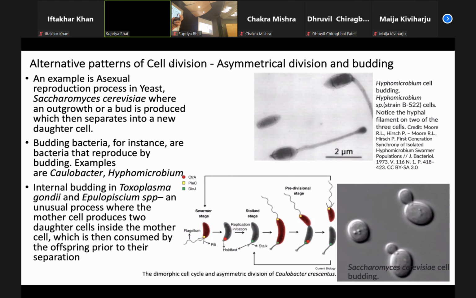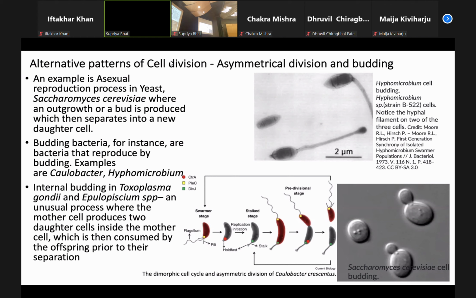And another example is Caulobacter, which is similar, except Caulobacter attaches itself to a substratum. I have the life cycle here in the picture at the bottom. The free living cell has a pilus and a flagellum. It's a swarmer, or a swimmer.